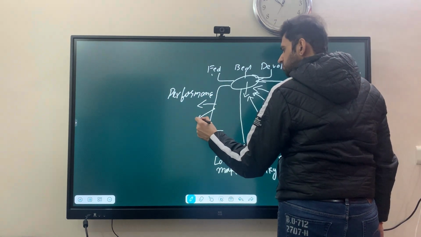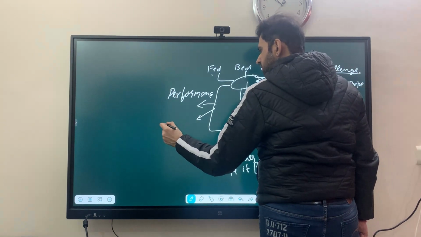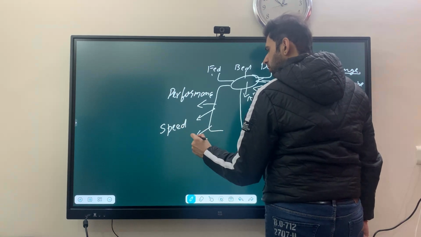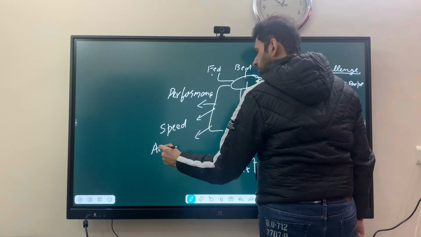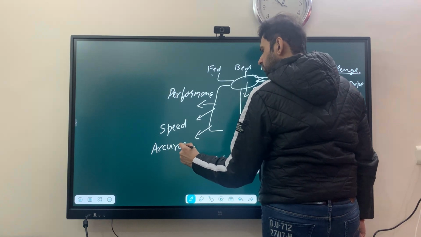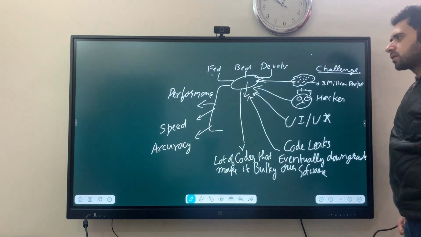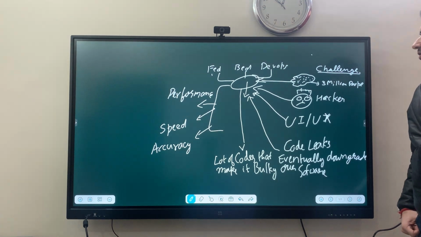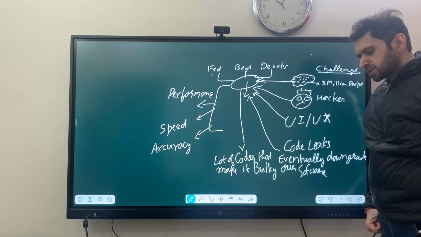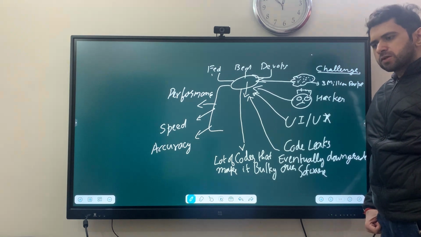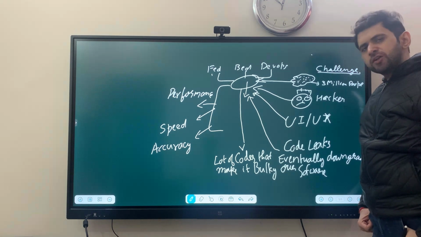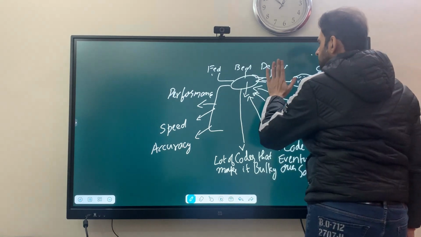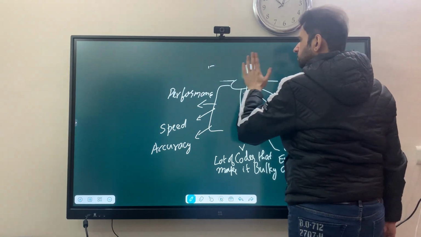Then it destroys the speed and also accuracy. So now, how to overcome these challenges? Okay guys, so we have various architectural methods. So in this video, we will be discussing each and every method one by one. Okay guys, so let me just erase this.